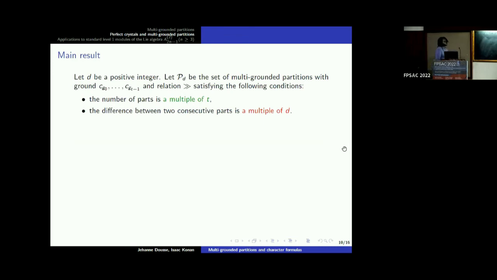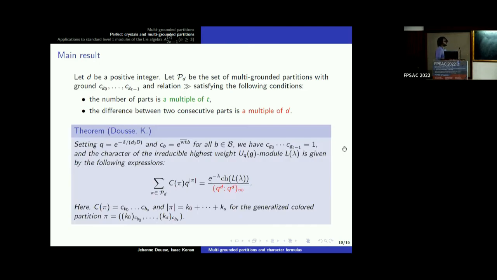And with these two additional conditions, to compute the character of our standard module is equivalent to computing the generating function of this set of multi-ground partitions, and you have a factor 1 over qd, which is what we call the q-Pochhammer symbol. So it's an infinite product, which is not relevant to define here, but it expresses some partition.